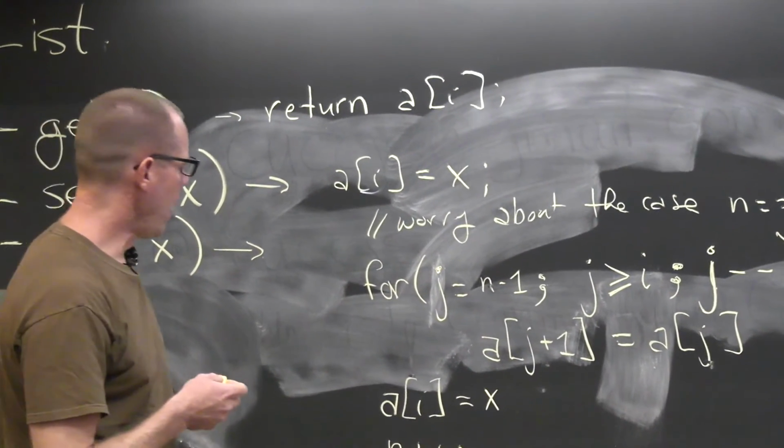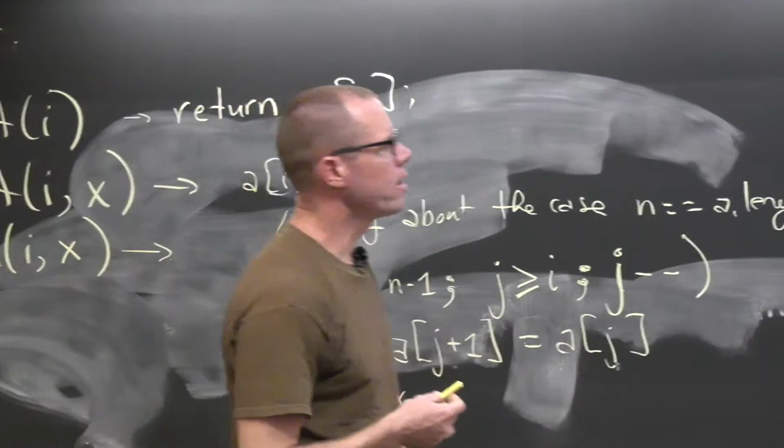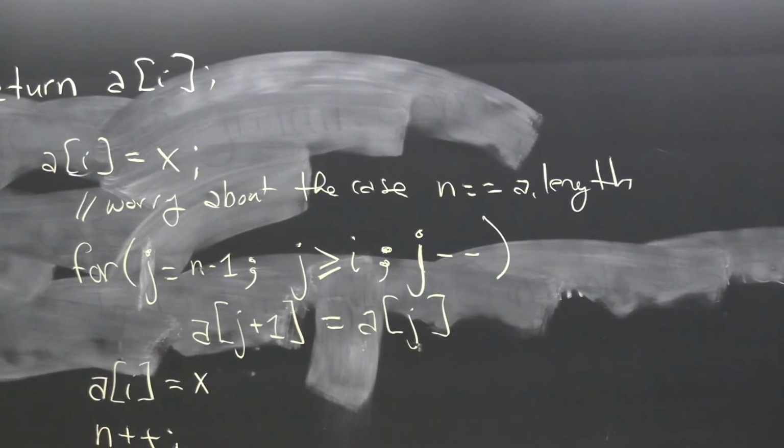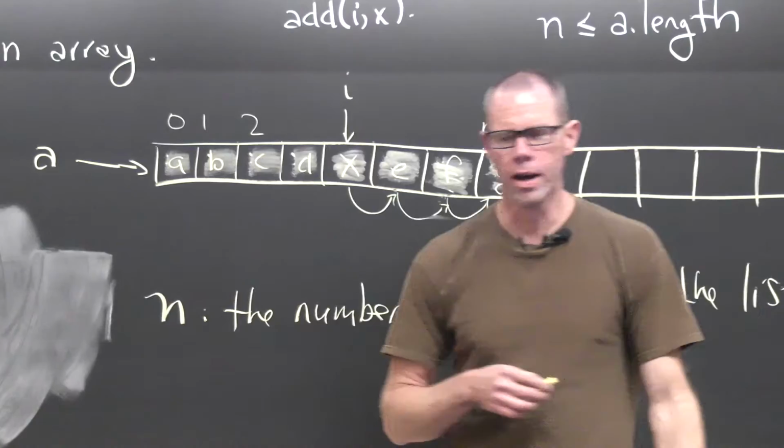Now, so that looks good. The only thing we haven't handled is this case where n is equal to the length of the array, in which case we have to do something before any of this happens.